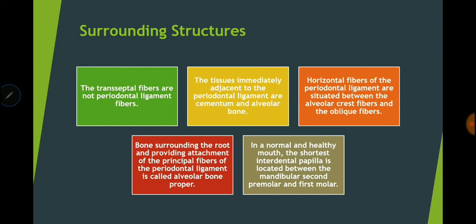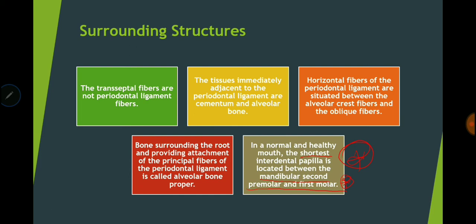In a normal healthy mouth, the shortest interdental papilla is located between mandibular second premolar and mandibular first molar.